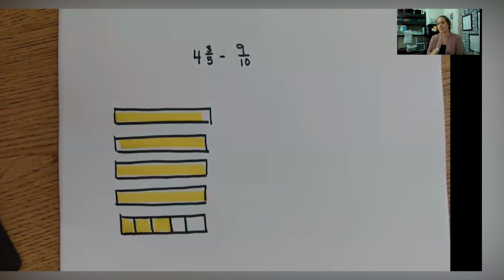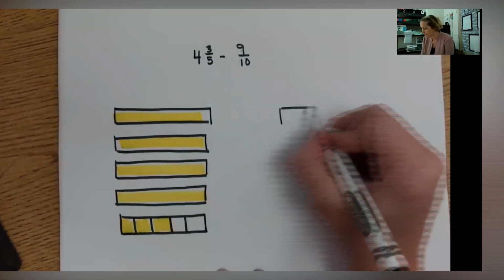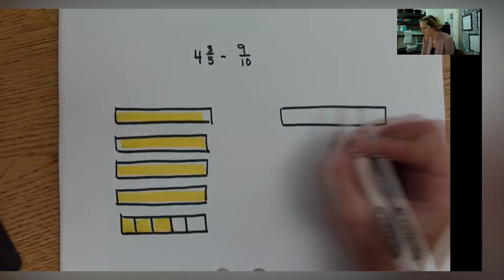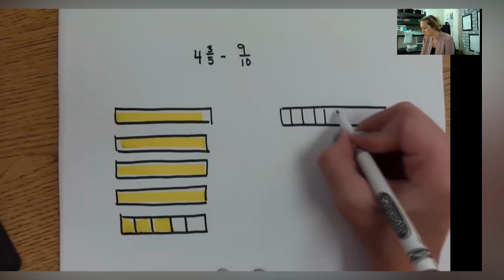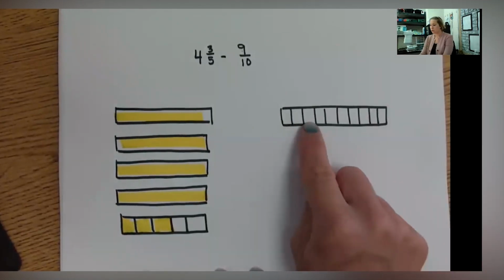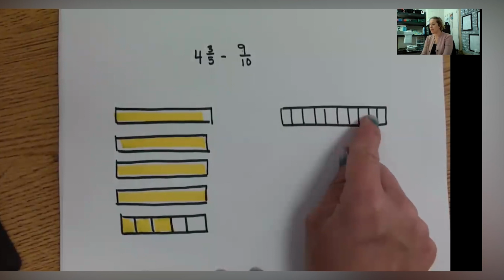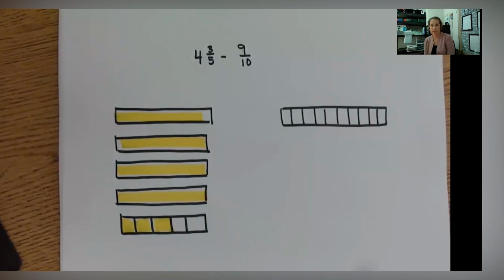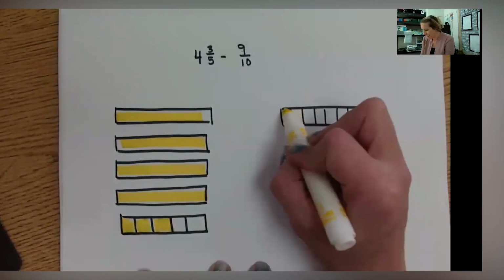What about 9/10? How did you model 9/10? Did it look something like this? 1, 2, 3, 4, 5, 6, 7, 8, 9, 10. And how many should be shaded in? Shout it out at me. Great, 9.